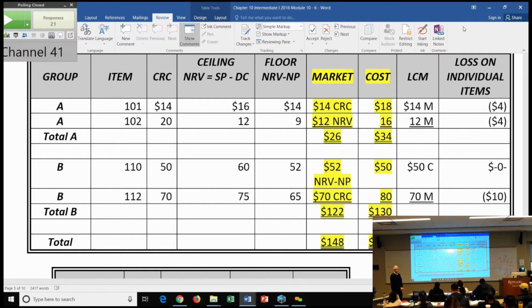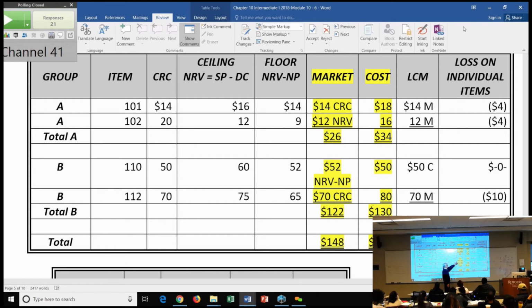So if you look at the market value here, if the current replacement cost is market at 14, and we put it in the floor, and cost is 18, we have to write that down by 4. In the second case, net realizable value, or the ceiling, became market, but the cost is 16. And market becomes the carrying value at this point, the lower, got to write it down by 4.